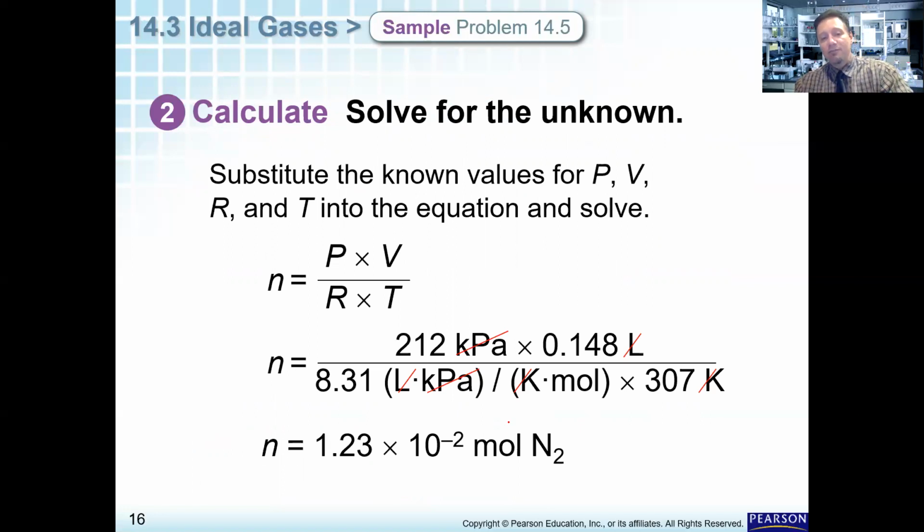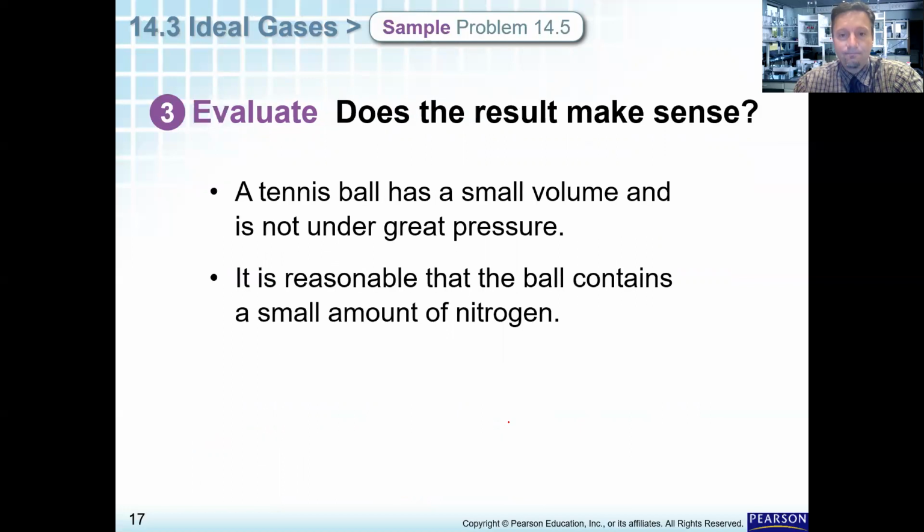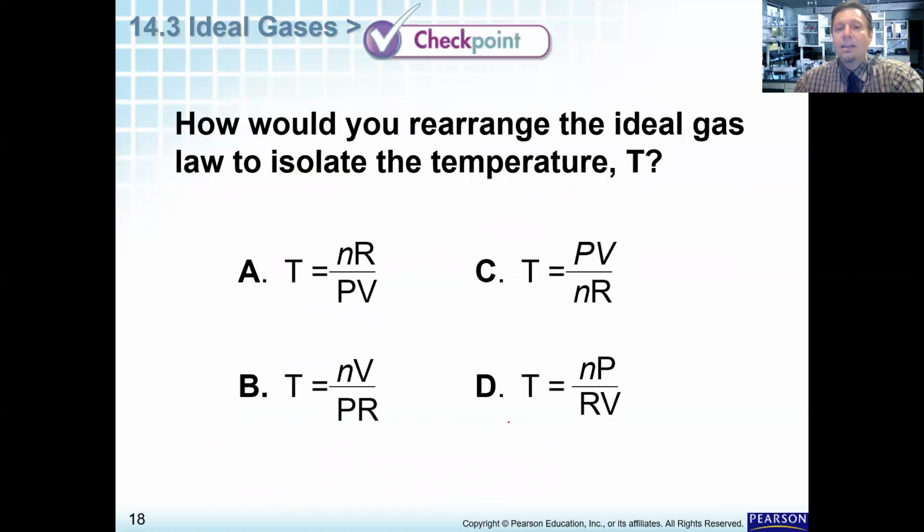They change and divide it out so that they can have n isolated by itself, and then they just plug in everything right there, and you can see how your terms cancel off, and you plug in your calculator, you get moles as 1.23 times 10 to the negative 2 moles of nitrogen. And it does make sense when you look at the particular problem.